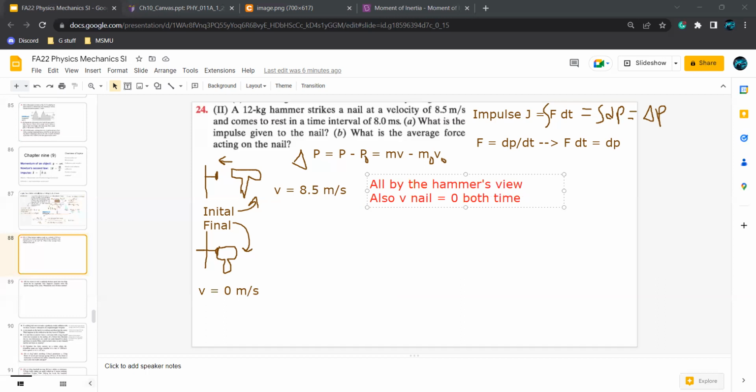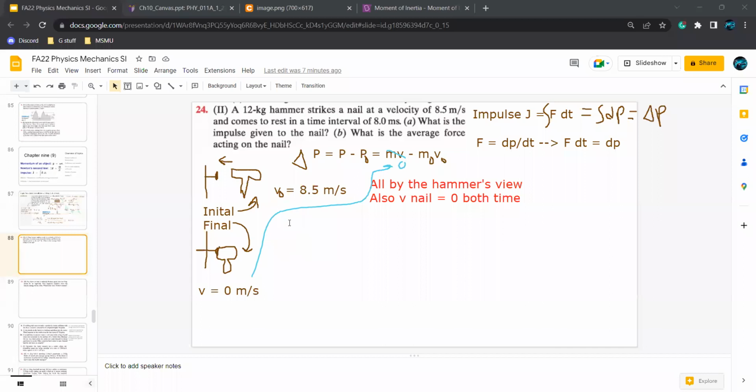The velocity of the nail is 0 both times, so that's an extra reason why we only use the velocity of the hammer. Cool. So then this is your V naught. Because V final is equal to 0, that means this is equal to 0. Right?